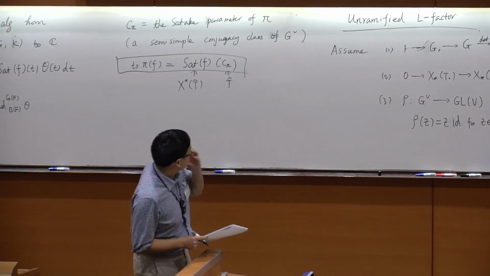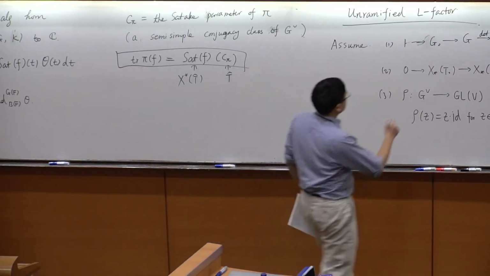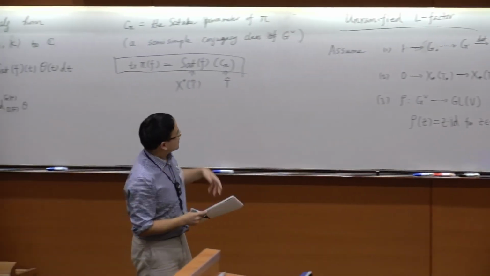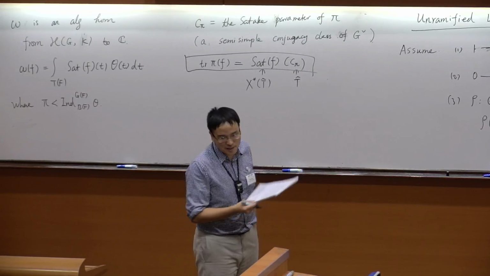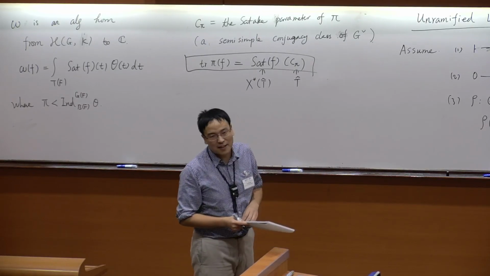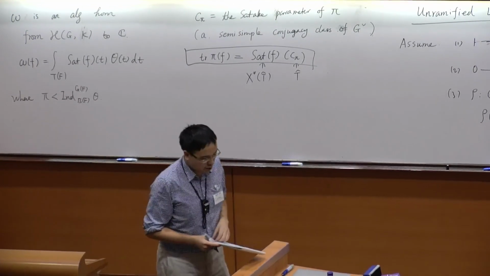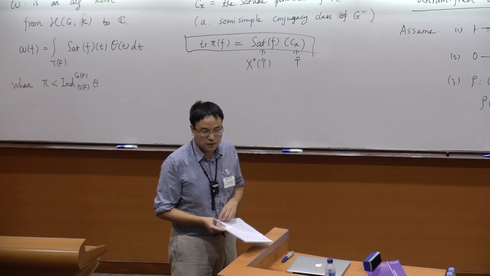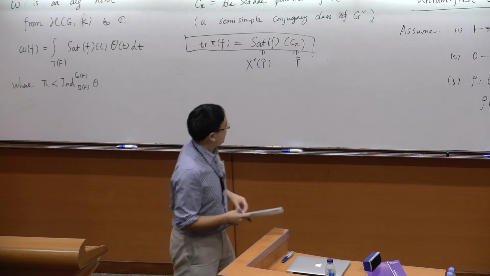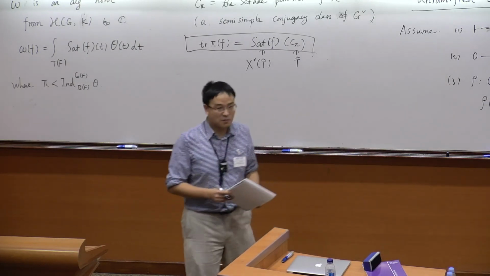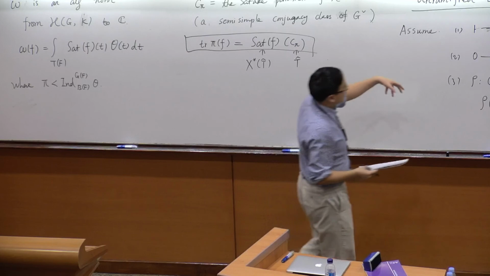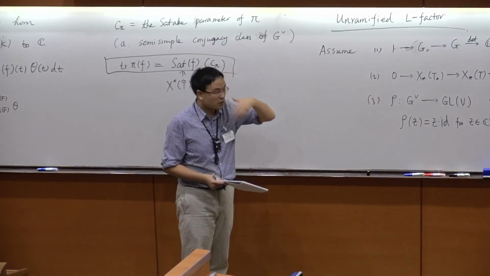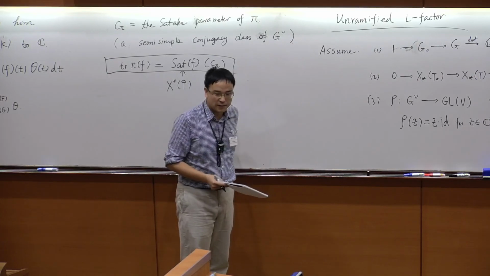Sorry? The G naught, so far, later on, for G0 semi-simple simply connected, Gauchois has a recipe from the G0 to construct the G. But in this part, I don't need that at the moment. So I only need these three constraints to produce the basic functions.